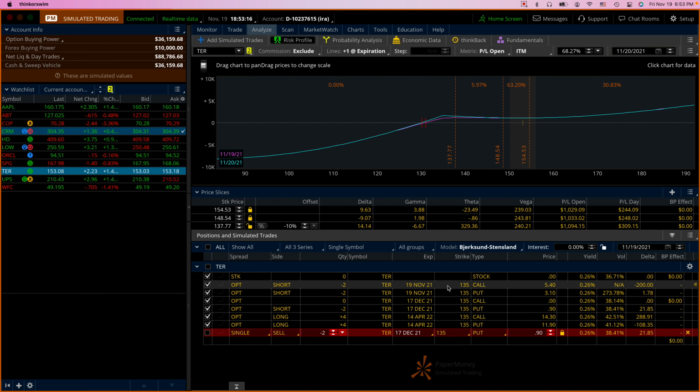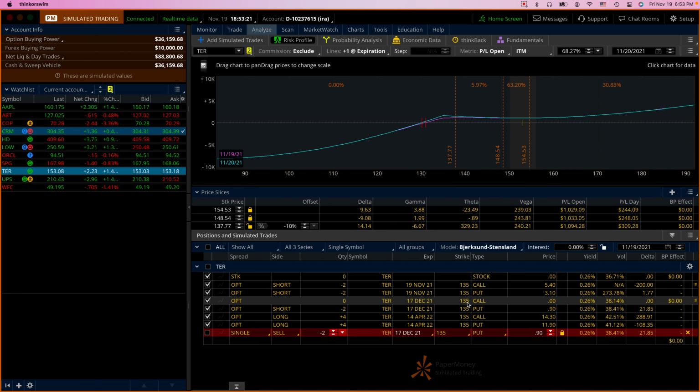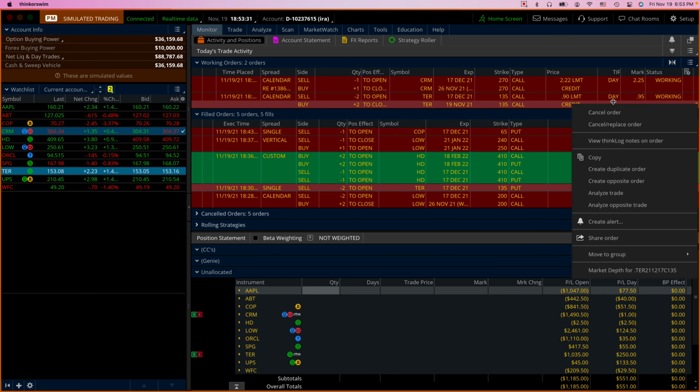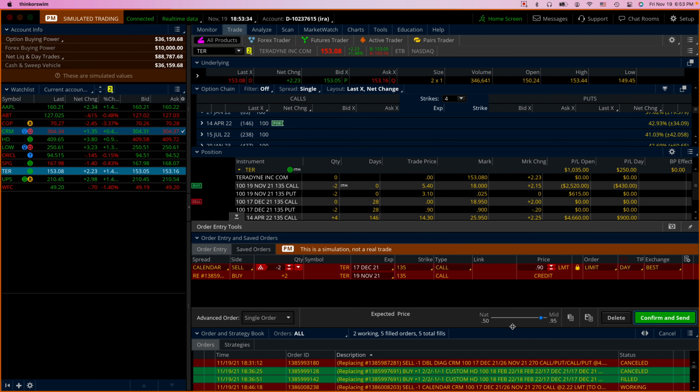It's not filled yet, but I'm moving. I have to close this 135 call, which is in the money, and move it to December. It hasn't filled, so I'm going to try and get it a little lower, even though it says 95, so it should get filled.